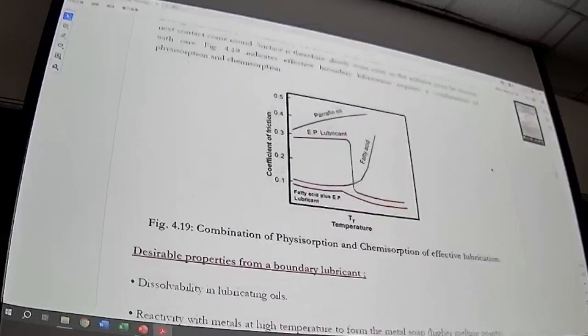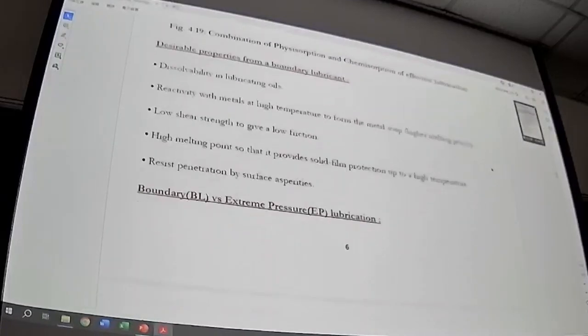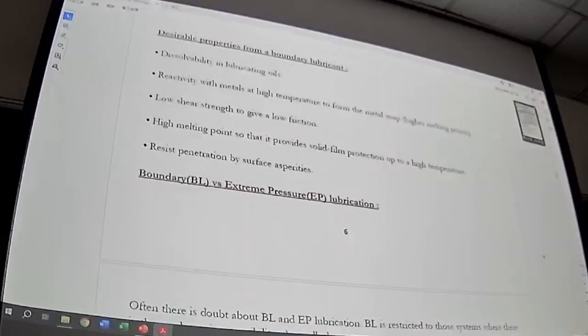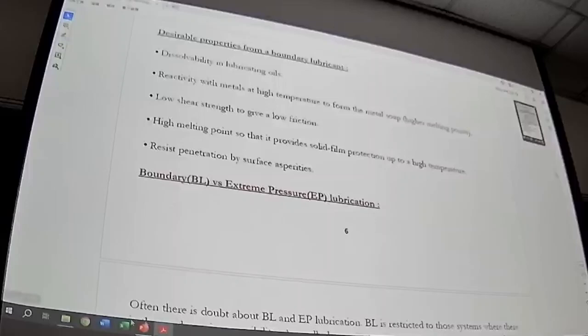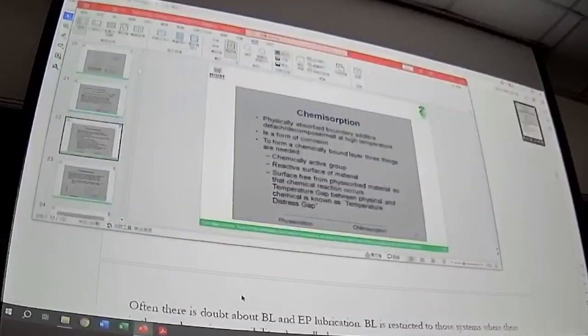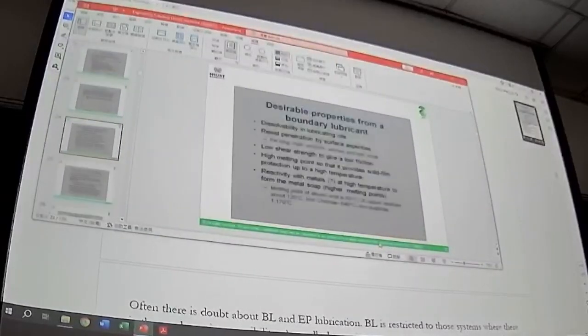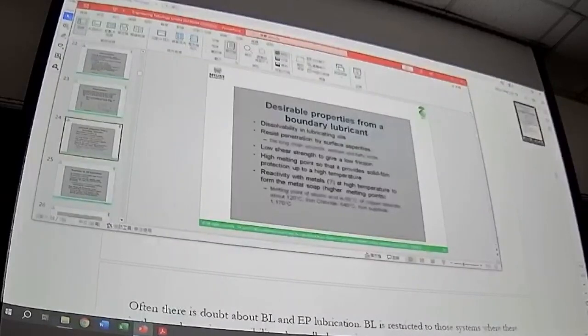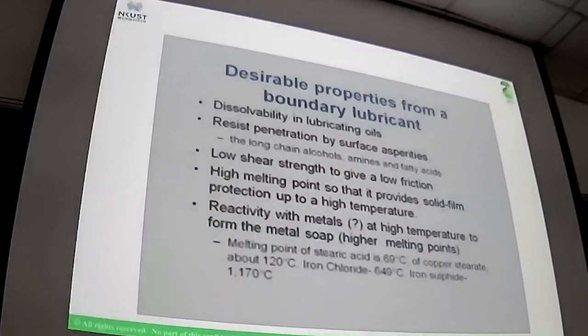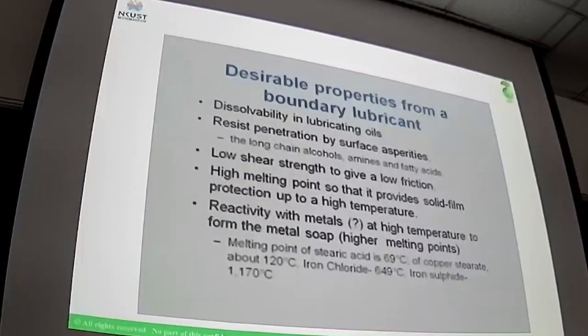So we have some basic requirements, or desirable properties, for a boundary lubricant. The first is dissolvability in lubricating oil.